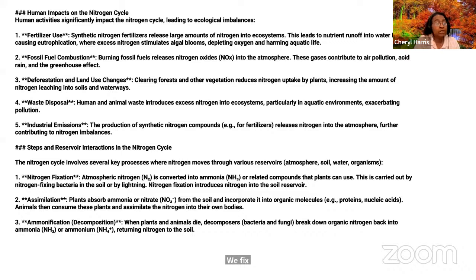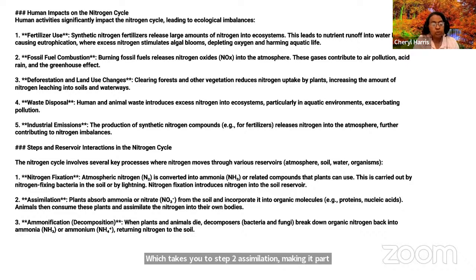The bacteria that live on the roots of plants do it. Once they have fixed it, the plant can use it, and then we can get it. Which takes you to step 2, assimilation, making it part of a living thing. Once we consume it, we've assimilated it.